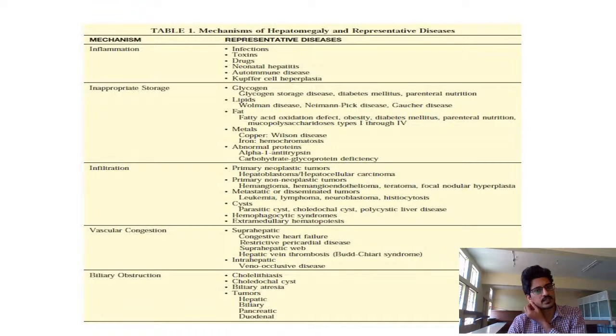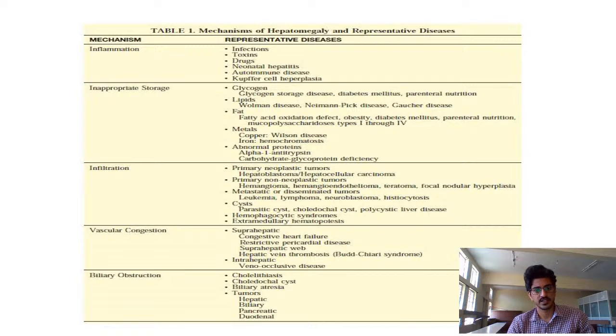In case of storage, it can be because of glycogen storage diseases, diabetes mellitus, and in case of lipid disorders, it can be Wolman's disease and Niemann-Pick disease, and fatty acid oxidation defects, and in case of metals like copper, Wilson disease, iron, hemochromatosis, in case of abnormal protein storage like alpha 1 antitrypsin and carbohydrate glycoprotein deficiency.